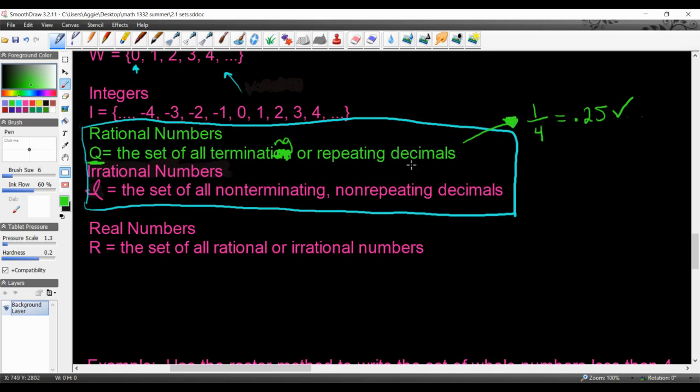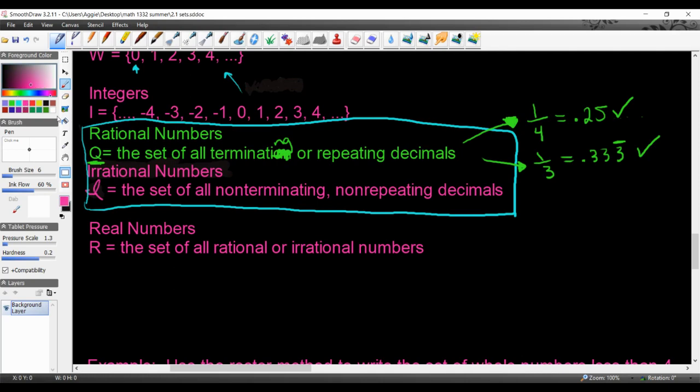Now, it does say repeating decimals. The repeating decimals are the ones that stay the same. So for example, 1/3, okay? 1/3 is equal to 0.333, and it just goes on forever. So that 3 is the same. It does not change. It just goes on and on and on and on. So this would also be a rational number.